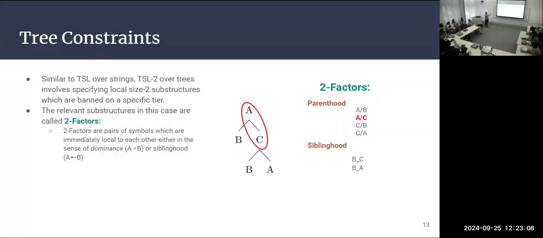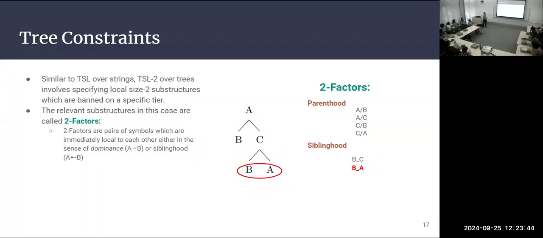So here A is the parent of C, here C is the parent of B, and C is the parent of A. Then we can look at the siblinghood relation, which encodes which guys are immediately adjacent and share a parent. So they have to be immediately adjacent children of the same parent. Here, we have B and C in a siblinghood relation and B and A in a siblinghood relation. And we're preserving the order here. B is the immediate left sibling of C, and here it's the immediate left sibling of A. So these are tree two factors.